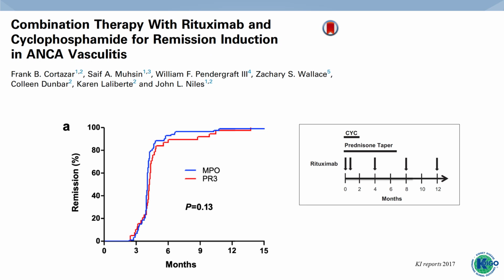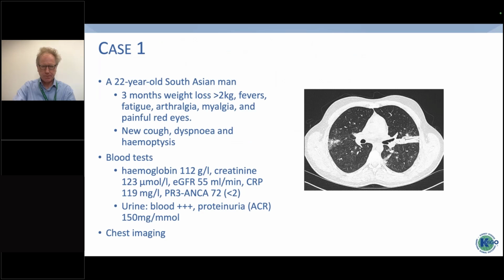This is an example of retrospective data from the Massachusetts General Hospital, which uses a cyclophosphamide rituximab combination regimen and simply makes the point that regardless of ANCA subtype, they achieve a high rate of remission with this regimen.